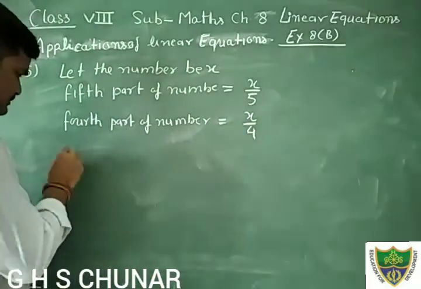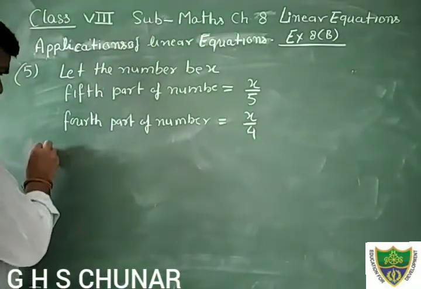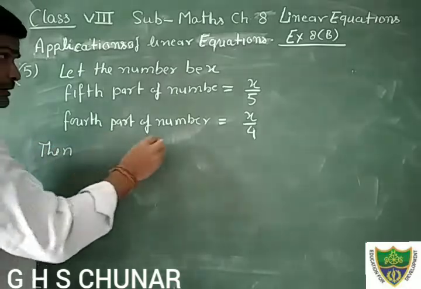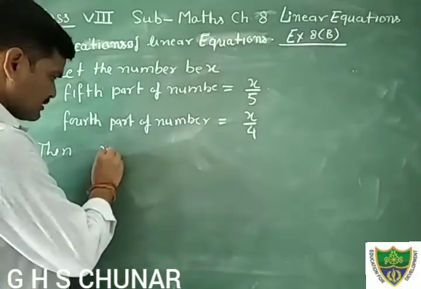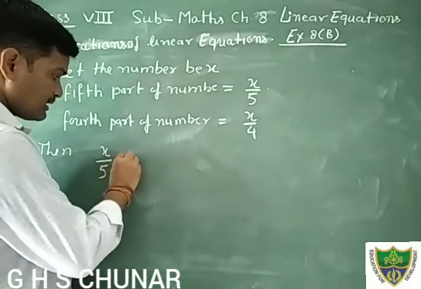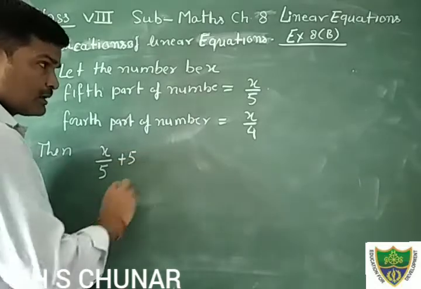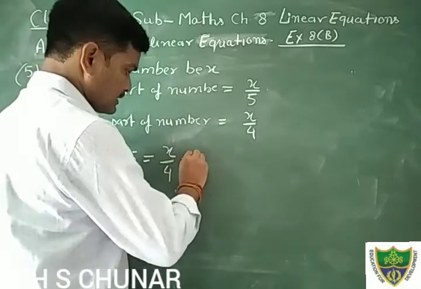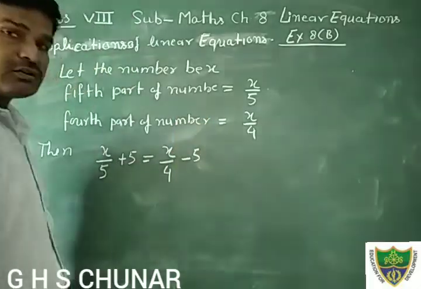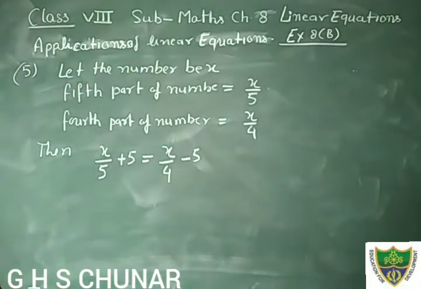It is given then that the fifth part increased by 5, that is x upon 5 plus 5, will be equal to the fourth part decreased by 5. This is your equation.